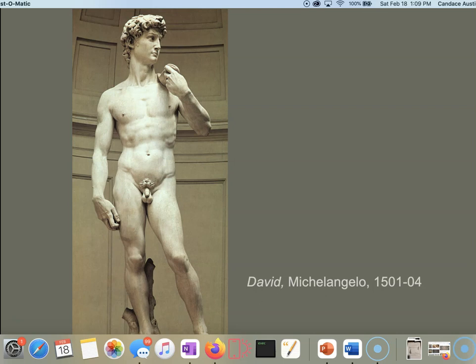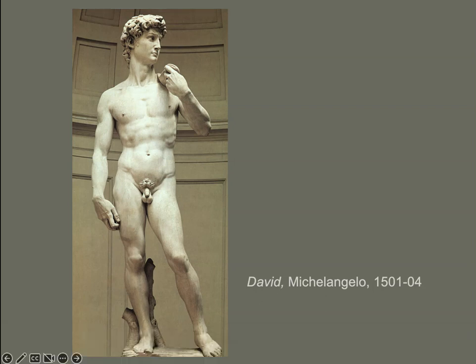And so there's this buildup of tension within works like this. You'll also notice how his facial expression shows his youthful features, but also shows the concentration, almost the anger that's on his face. So we're going to see a lot more emotion present than we saw during the Middle Ages.